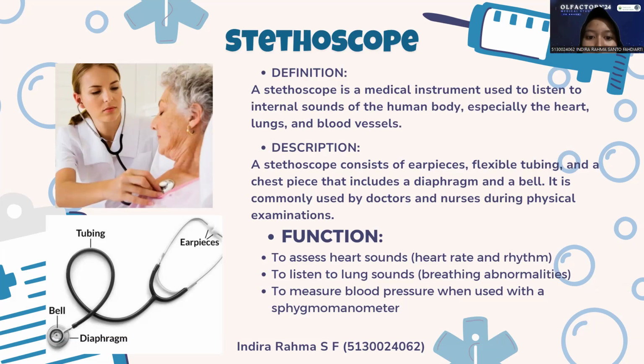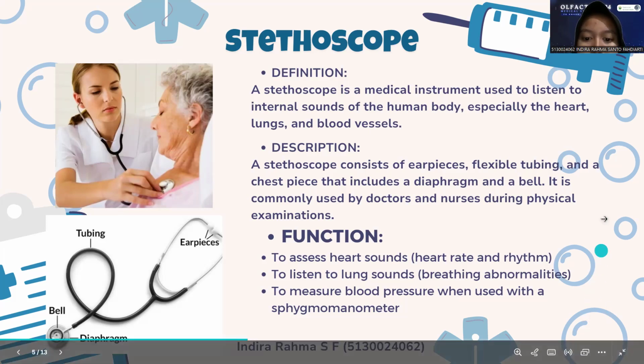It is commonly used by doctors and nurses during physical examination. Function: to assess heart sound, heart rate, and rhythm, to listen to lung sounds and breathing abnormalities, and to measure blood pressure when used with a sphygmomanometer.